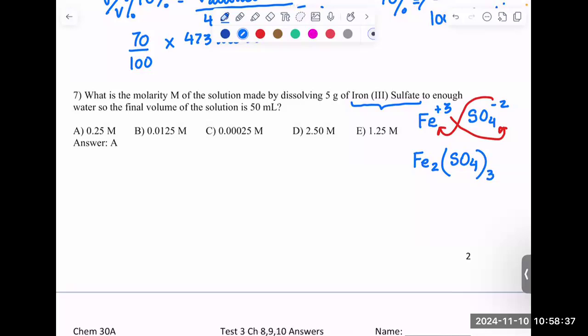Now, what is the molarity of the solution made by dissolving 5 grams? Since molarity means moles of the solute, my mistake, over the volume of the solution in liters.